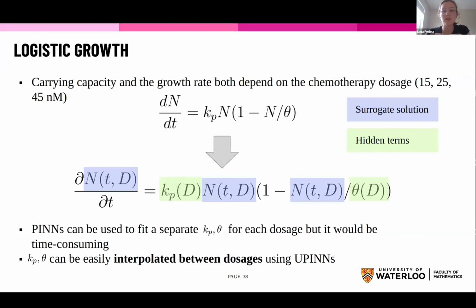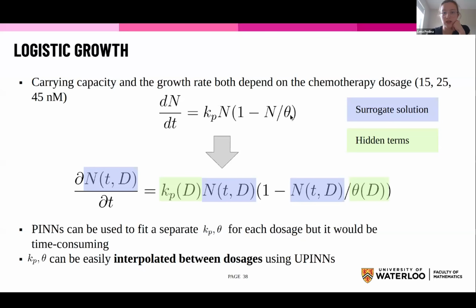So this is another chemotherapy experiment that we performed. Again, this is in silico. This is all simulated data, but it would be cool to apply this to in vitro data later. Here is a slightly different setup. We still have the number of tumor cells in time.